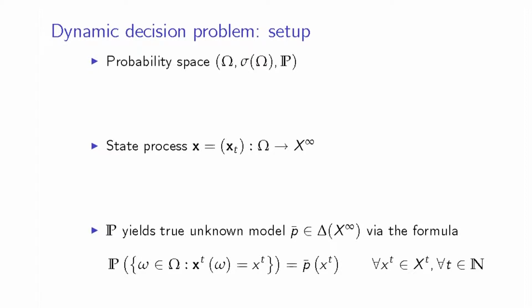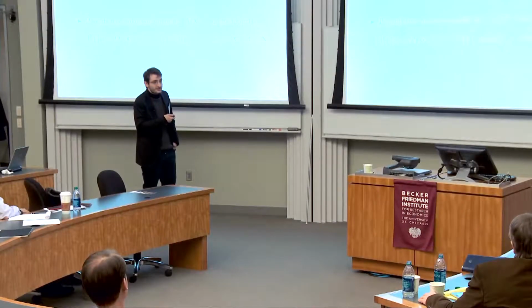We will assume then that there is a state process X that for each omega in omega associates an infinite history of state realizations, okay? If P is the true model ruling the realizations of events of omega, then this blackboard P induces a true probability model over the set of states, infinite state histories, okay?